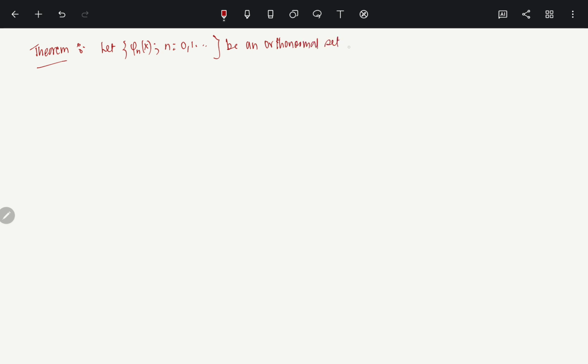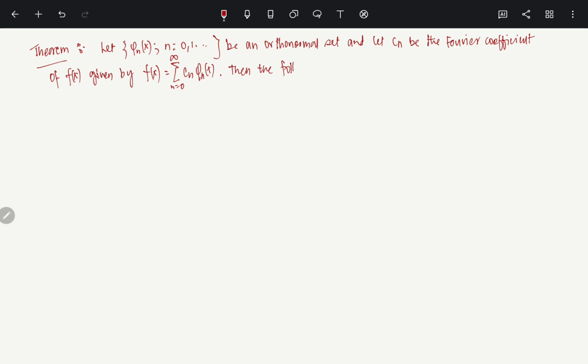And let Cn be the Fourier coefficient of f of x, given by f of x equals the summation of Cn phi n of x, between n equals 0 to infinity. Then the following holds.